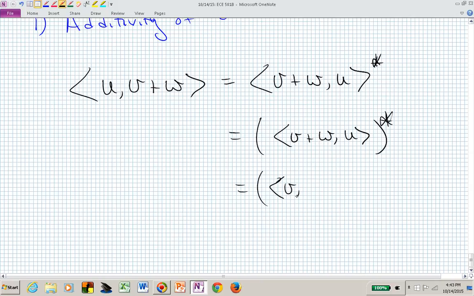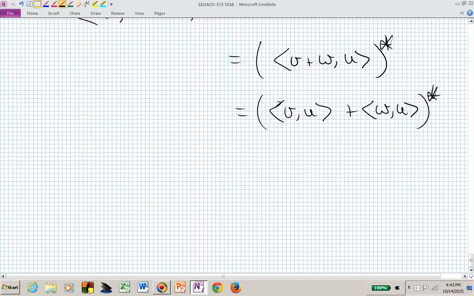We have V U plus W U conjugate, and the conjugate of a sum is the sum of the conjugates, so that now we have V U conjugate plus W U conjugate.